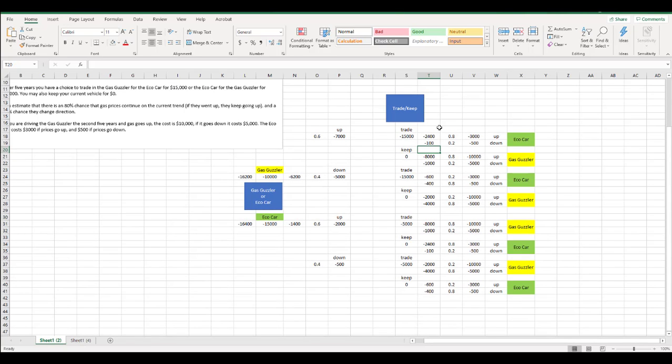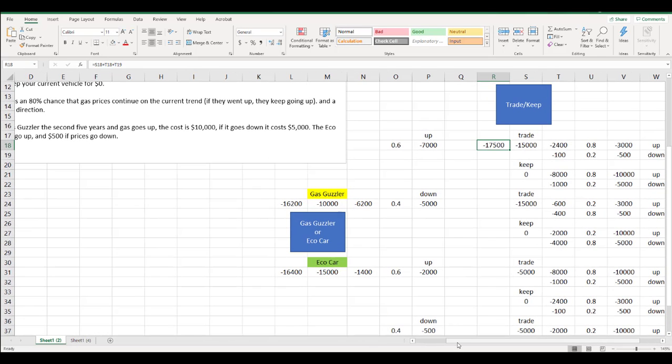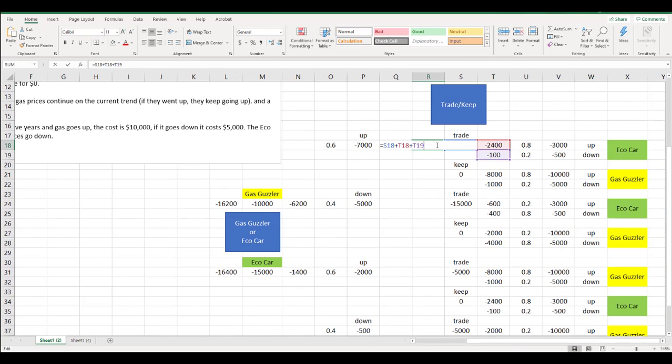All right, now we can take a look at this. We have this probability times that value. Then for this one, it's going to be equals this plus this plus this. Let me zoom in a little bit so you can see what I'm doing. I have the cost of my trade plus the 80% times 3,000 and 20% times 500.